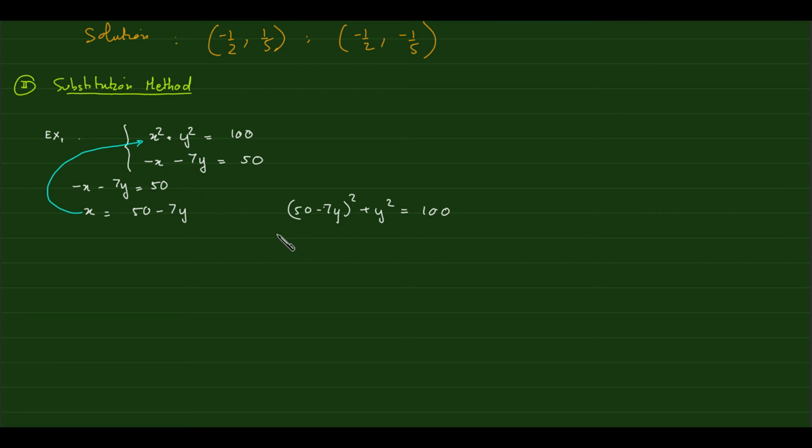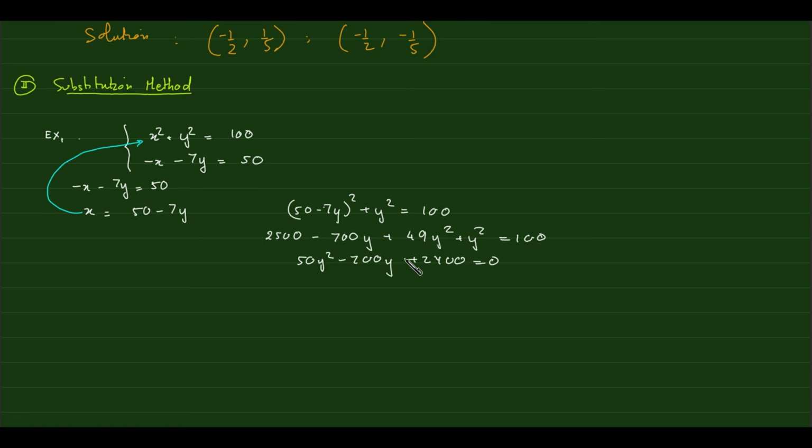Go ahead and expand it, which gives you 2500 minus 700y plus 49y squared plus y squared equal 100. So we have 50y squared minus 700y plus 2400 equal to 0.